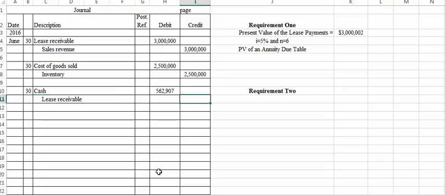No interest again was earned because no time had passed. And then the next time they'd need to make an entry would be in December. On the 31st, they'll debit cash for $562,907.